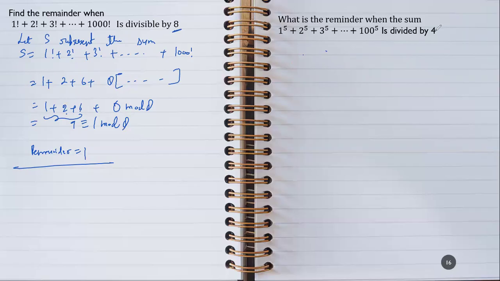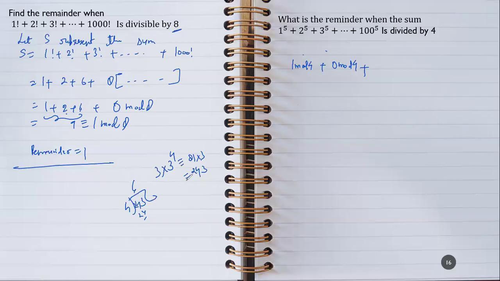If I divide each number by 4, then 1 is 1 mod 4, 2 to the power 5 is 32, which is congruent to 0 mod 4, and 3 to the power 5: 3 to the power 4 is 81, and when I multiply by 3 it is 243, and when I divide it by 4, the remainder is 3, so it will be 3 mod 4.